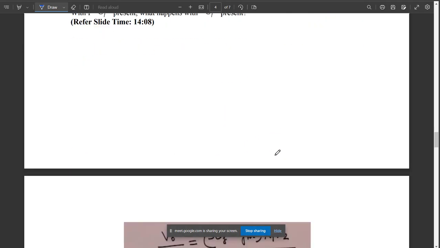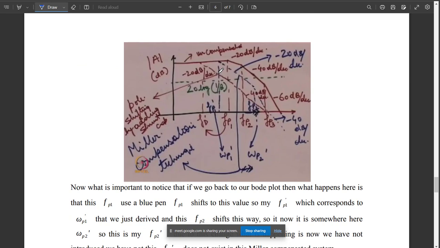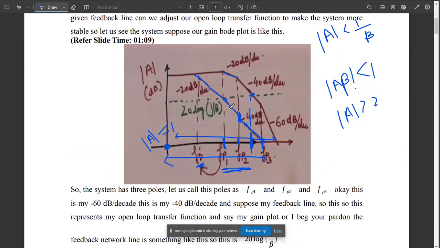Due to the Miller compensation, something like this happens. Here we have FP1, right?